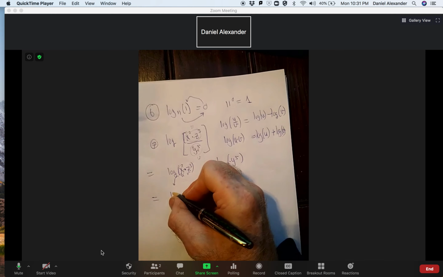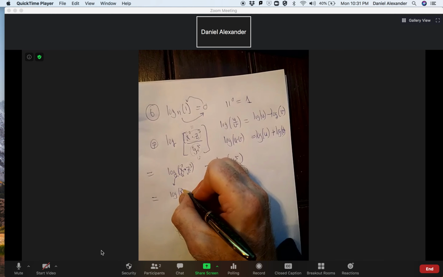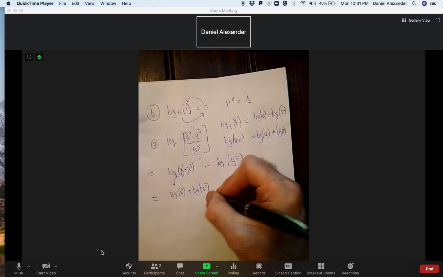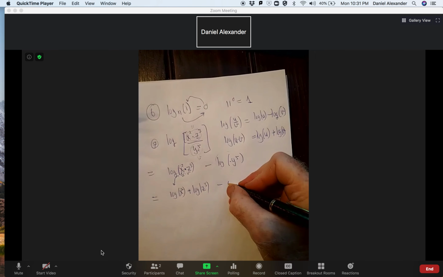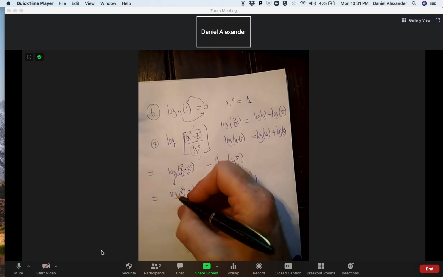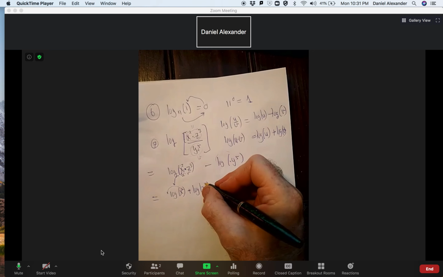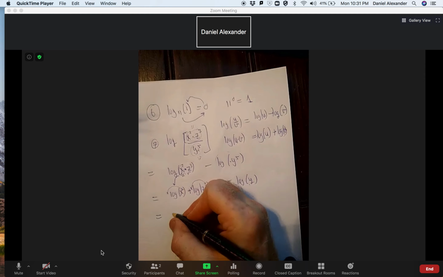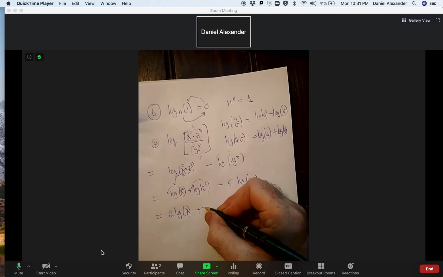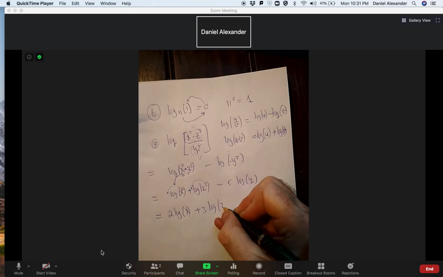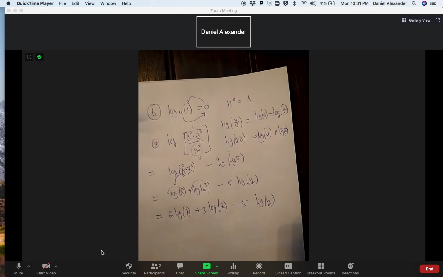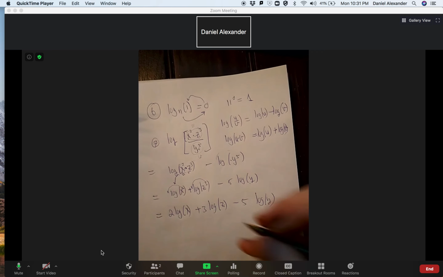So this is going to become log x squared, my u, plus log z cubed, minus, I can bring the 5 down, 5 log y, and I'm done with that one. So the last and final step, remember this is simplified completely. I bring the exponents down. I get 2 log x plus 3 log z minus 5 log y. Okay, so that's number 7.